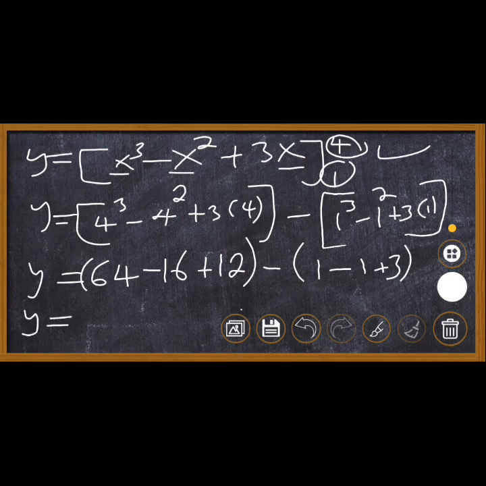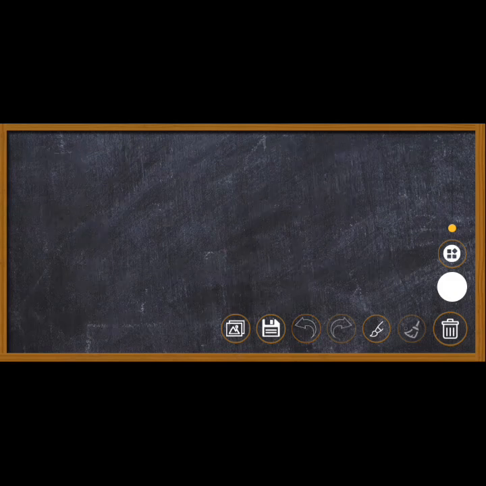Okay, so let's simplify further. So in this case, we are going to have 64, subtract 16, then we add 12. What is the answer there? It's simply 60. Then minus, so the 1 and 1 and 1 cancel, we are just going to remain with 3. So what is 60 minus 3? Of course, it's 57. So in this case then, the value of the integral of the given expression is 57. So that's how we find it.